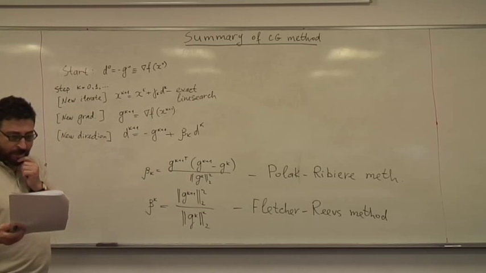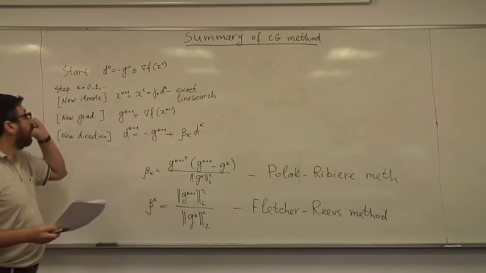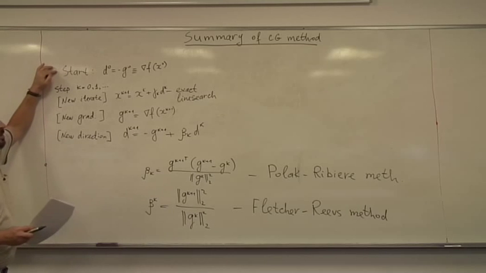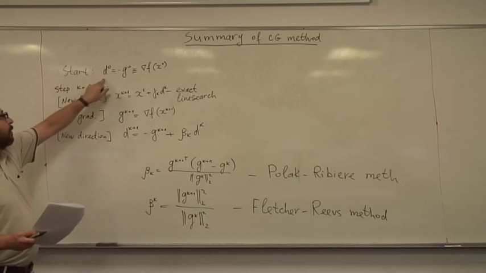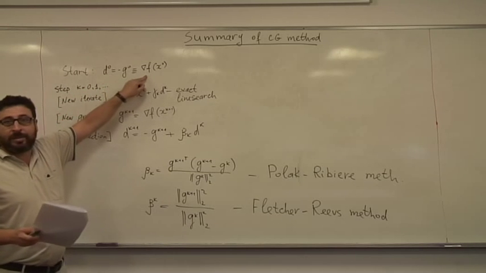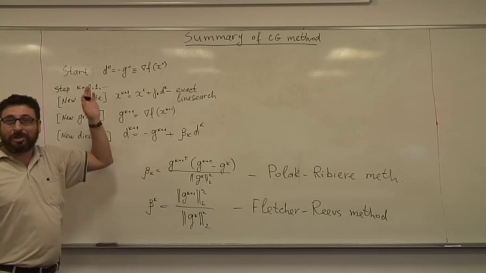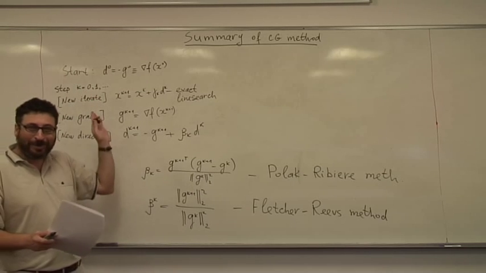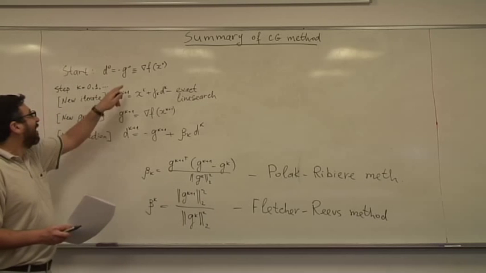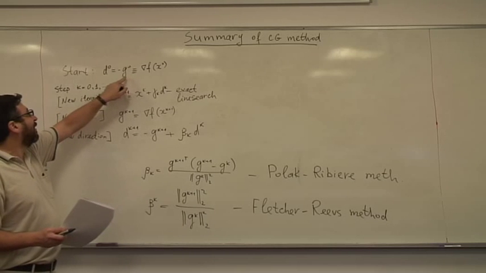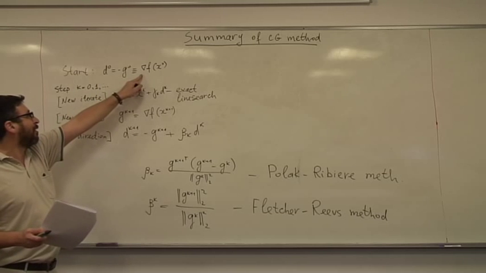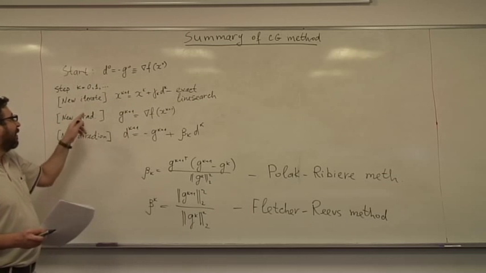Okay, so we finished the derivation of the method, so let's just summarize. Here is a summary of the algorithm. We start at some point, and I write it in general form for a general nonlinear function, despite the development being for a quadratic function. This is our first starting direction, d_0.